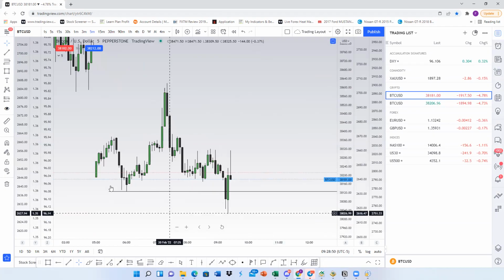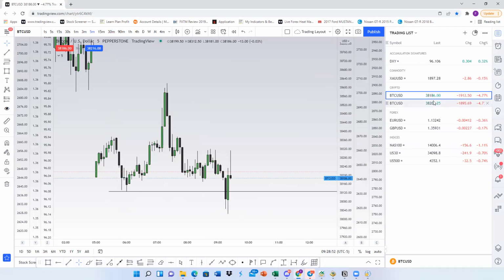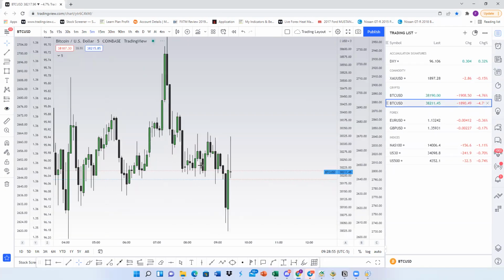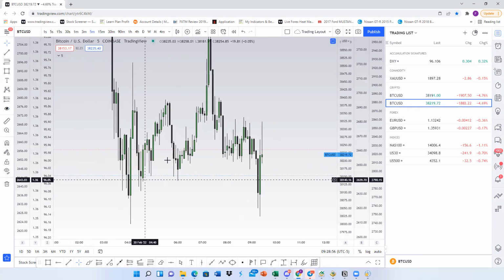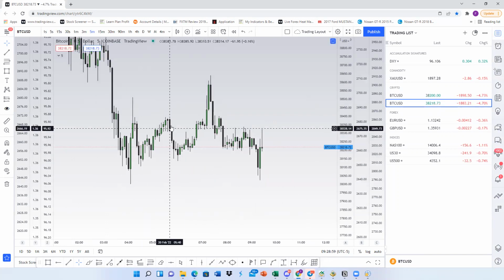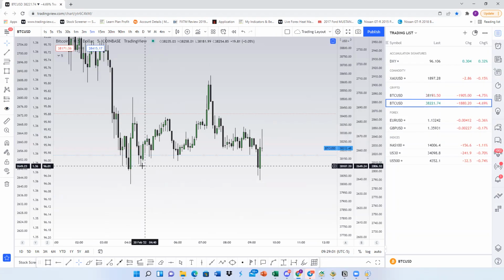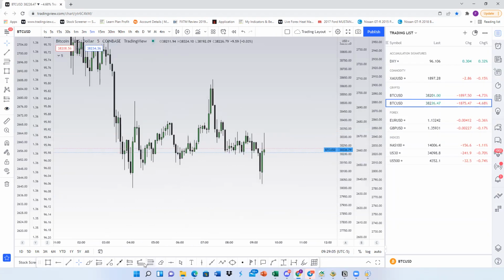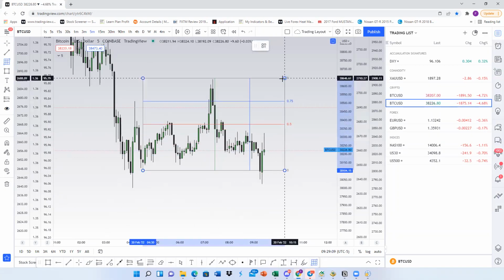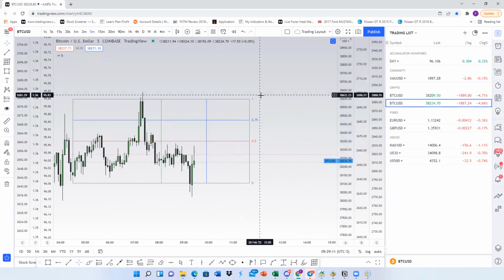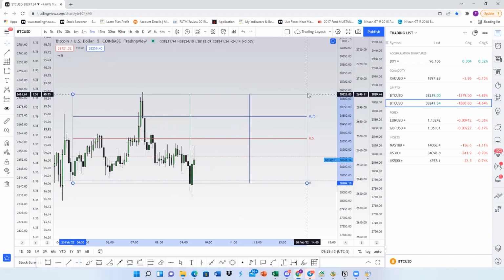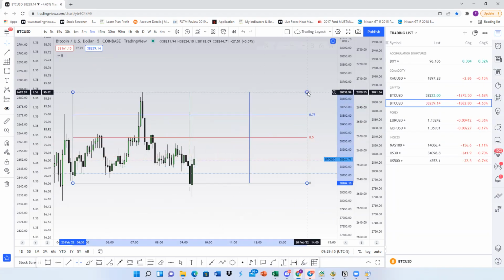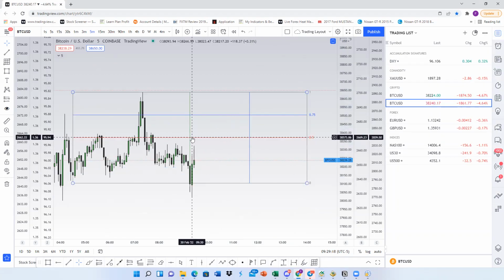All right, so structure, right? If you refer back to Coinbase, we took out this low. So this low did not really take out anything. What are we looking at? We are looking at the 50, right?